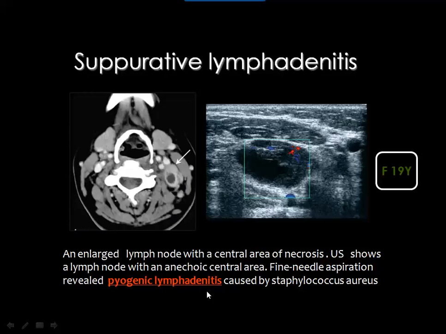Then in this case, you see a lesion which is marginally enhanced with a central necrotic part, and this lesion is located at the anatomic site of a known lymph node group. Then you should consider it is of lymph node origin, and this was proved to be a pyogenic lymphadenitis with an abscess formation in the upper deep cervical lymph node.